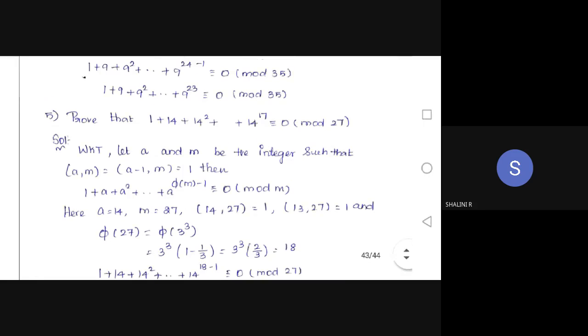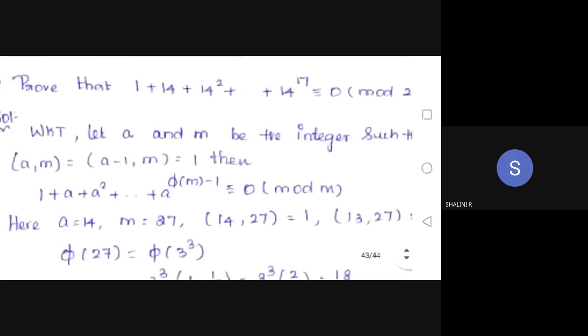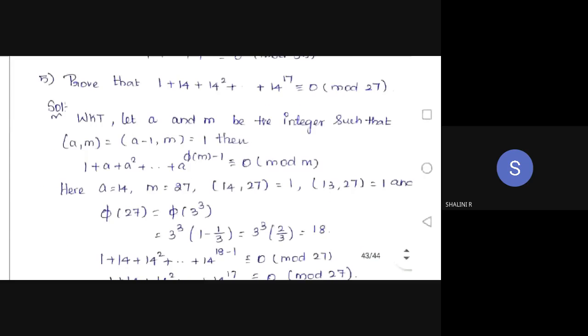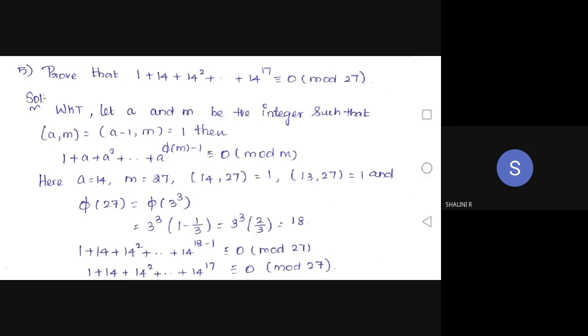So put the A value 14 and M value 27 in the general form of linear congruence. So 1 plus 14 plus 14 square plus up to 14 to the power phi of 27 minus 1.